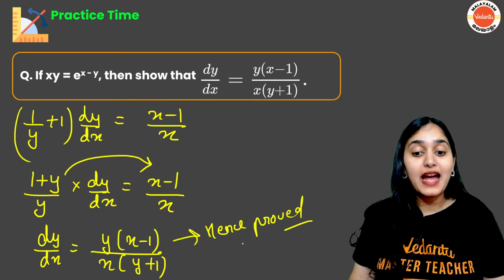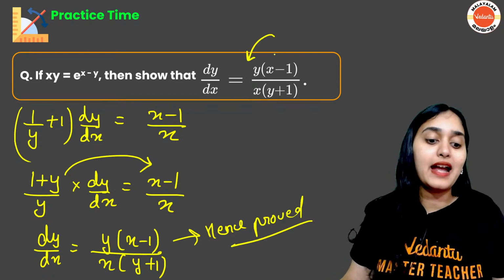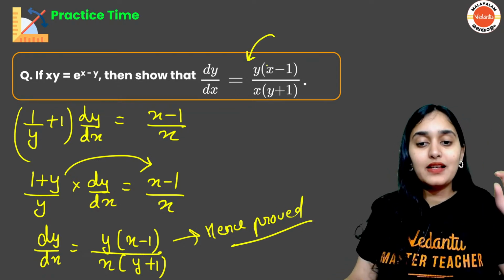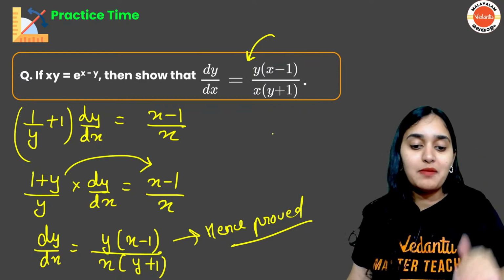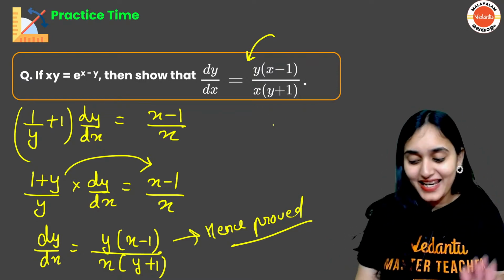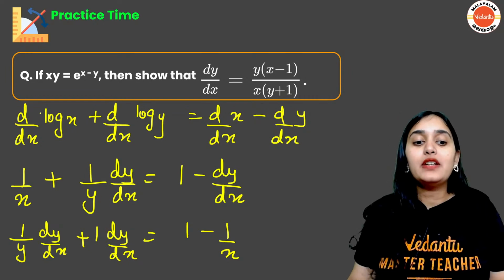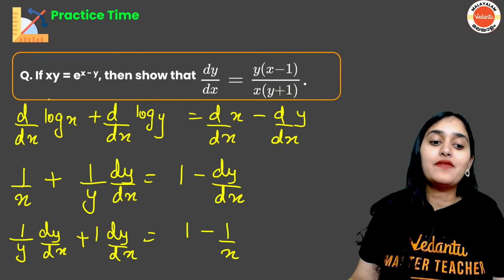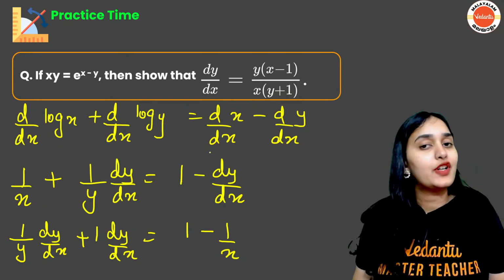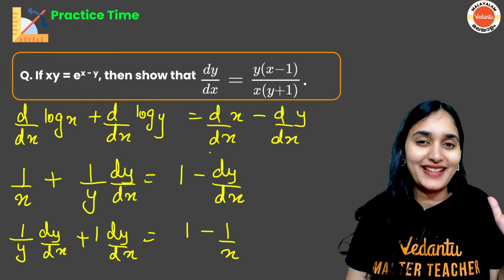This is what we had to prove, that dy by dx is y by x, x minus 1, y plus 1. We got it. See, it easy, right? So, what we did, we applied log. Then we differentiated log and we got the answer very, very simply.